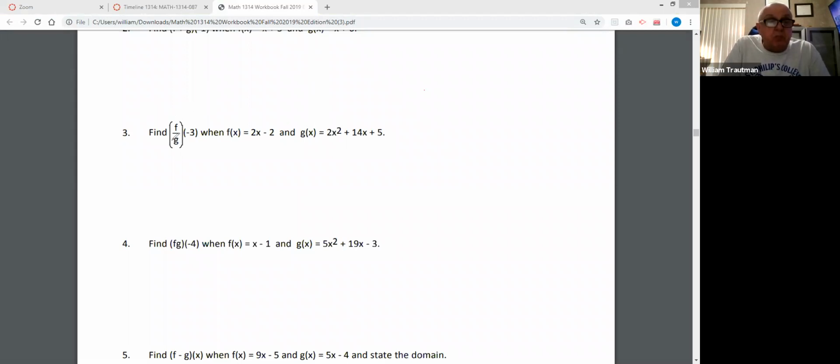F is on top and G is on the bottom. So we're going to put F on top. Here's F: 2x minus 2 on top, and G on the bottom, 2x squared plus 14x plus 5.